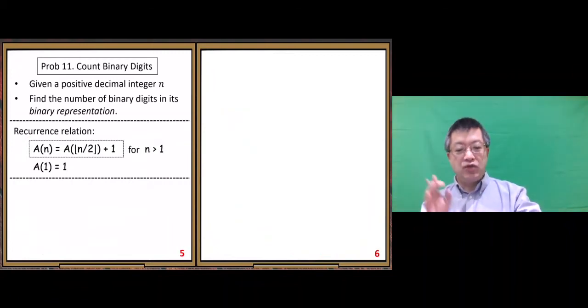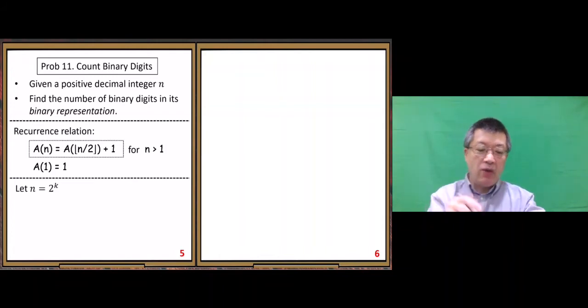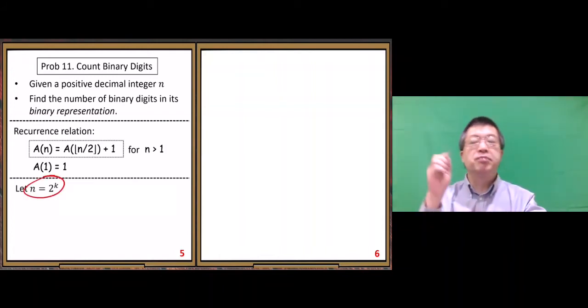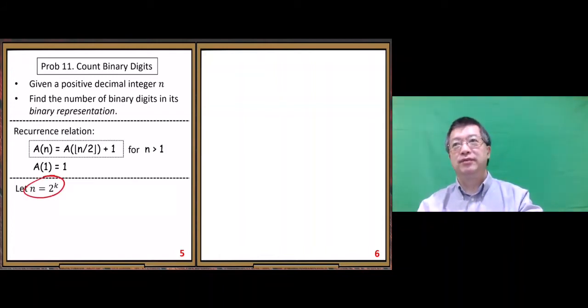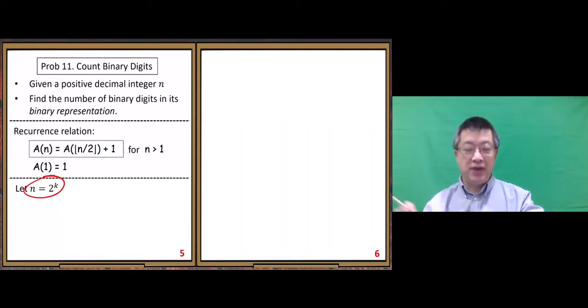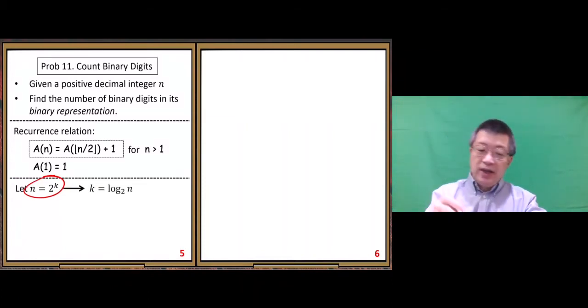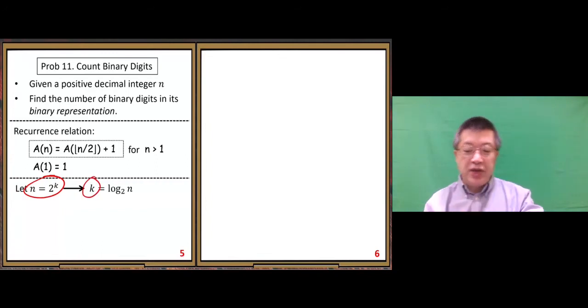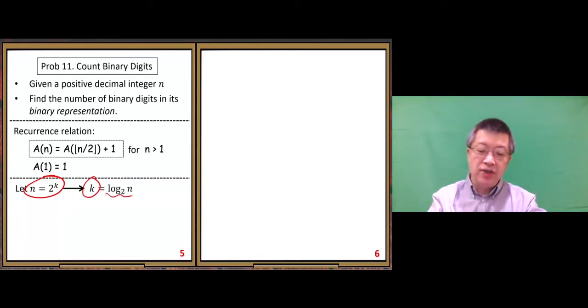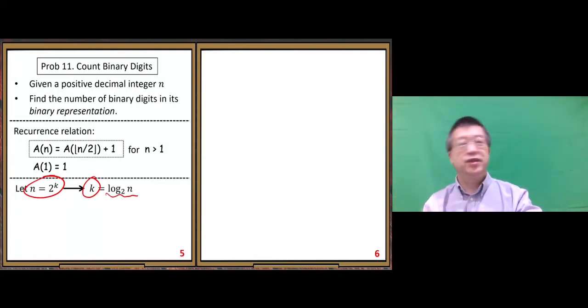This time, let's solve this recurrence relation, but we make the assumption that n is a power of 2. You can see that in order to represent k in terms of n, we need to take a log base 2 function.